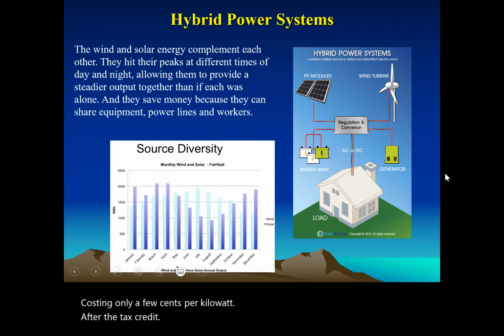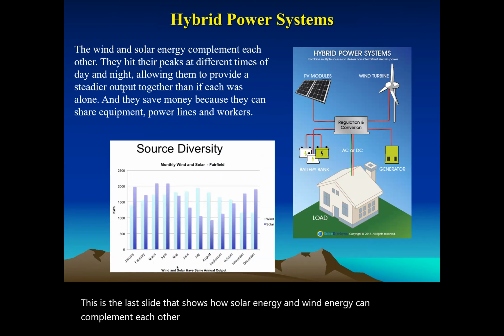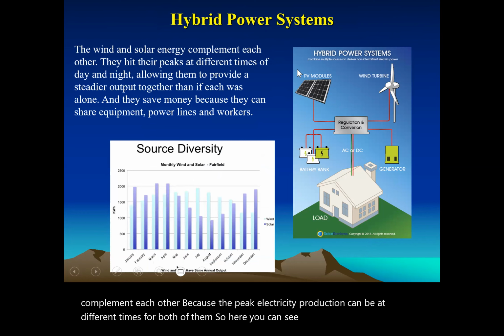This is the last slide that shows how solar energy and wind energy can complement each other, because the peak electricity production can be at different times for both of them. So here you can see a home that is powered by both PV and wind.